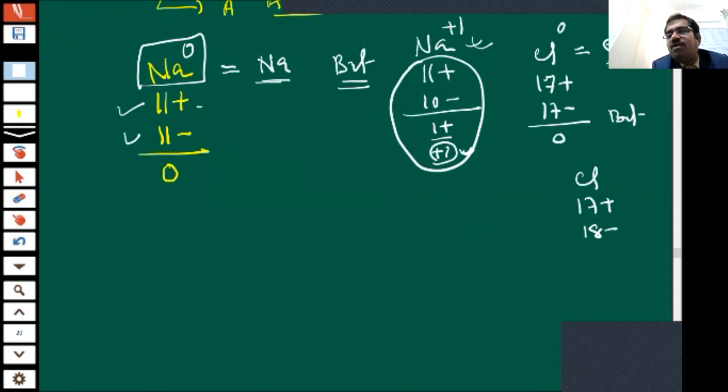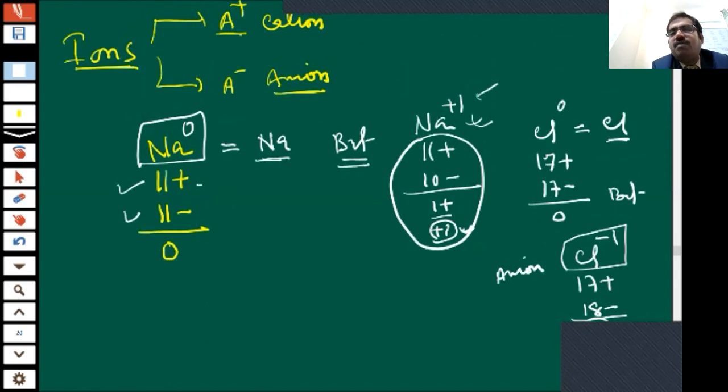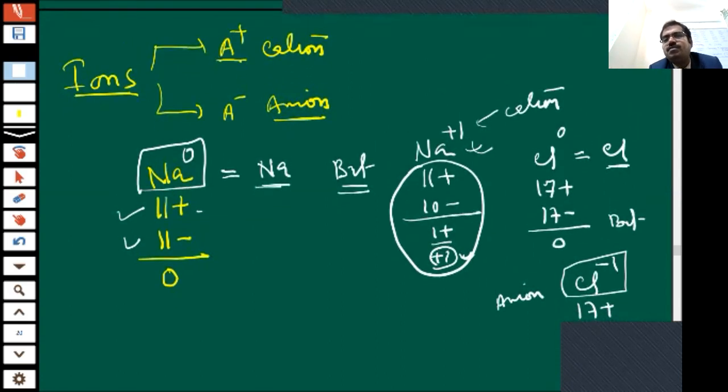Suppose one electron is extra. So 1 minus is extra over here. That extra net charge should be written over here. When negative charge is there, it becomes anion. When positive charge is there, it becomes cation. Did you understand, children? Those who have understood, please raise your hand immediately.